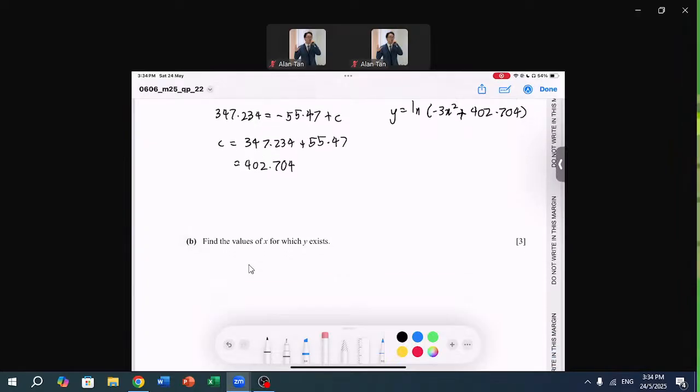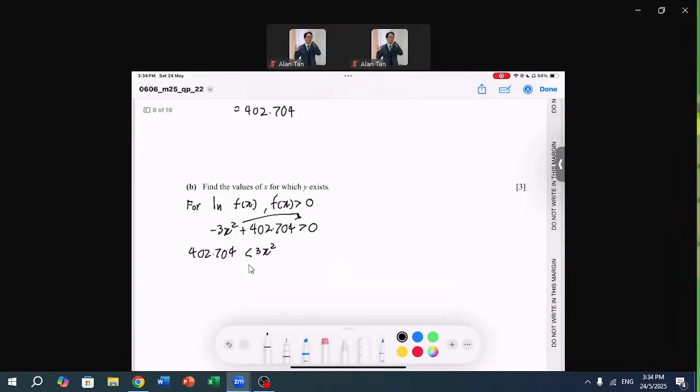Now find the values of x for which y exists. Now this has to bring back that for ln f(x), f(x) must be more than 0. So therefore negative 3x squared plus 402.704 must be more than 0. Therefore 402.704 must be more than 3x squared.